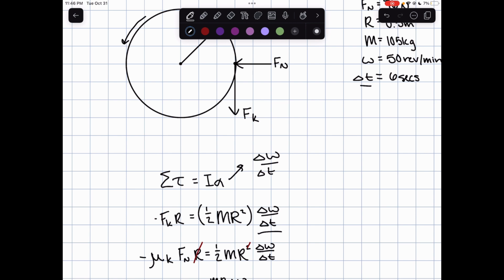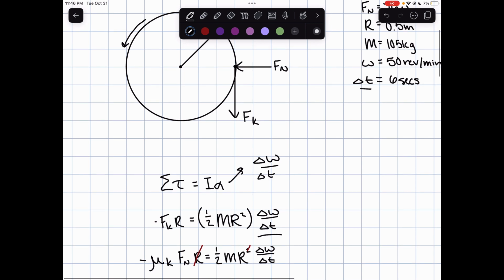We don't have that, so we have to put it in terms we do have. We have the change in angular velocity and the change in time, so we can replace angular acceleration with those quantities. Now we need the coefficient of kinetic friction. How do we get that? A frictional force is equal to the coefficient of friction times the normal force.